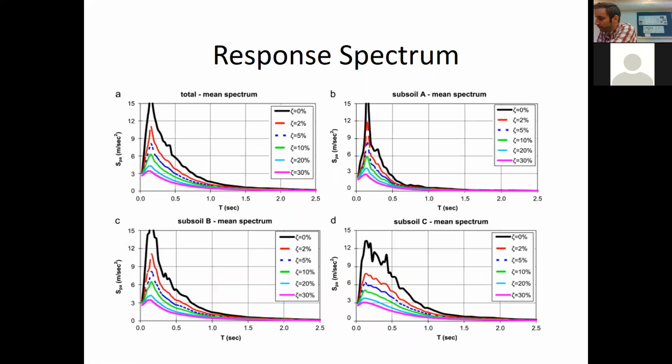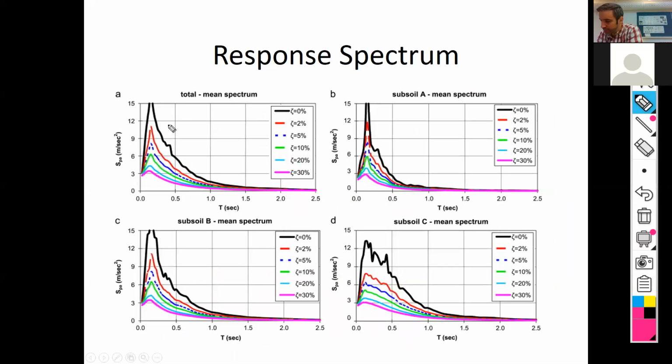And we have stiff structures here with very large acceleration and slender structures here with very low acceleration, right? It makes kind of perfect sense, or at least it is what we would expect of the spectrum to look.